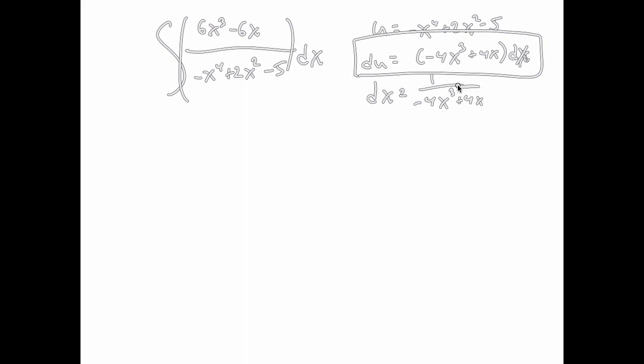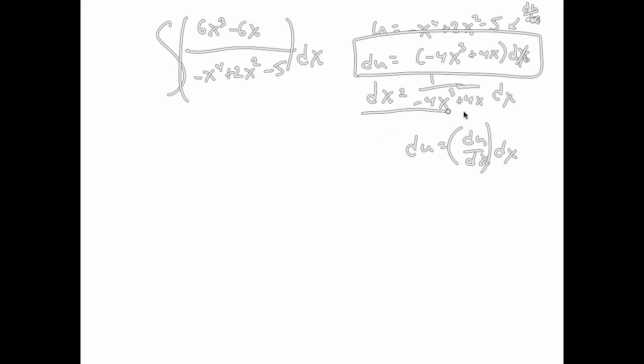One is to remember the change of variable formula, which involves du/dx. That's the easiest way to do it. Or you can take du/dx and kind of multiply both sides by dx. Not really accurate, but it's a way to remember this. The change of variable formula is du equals du/dx times dx. So this is the important change of variable right there.